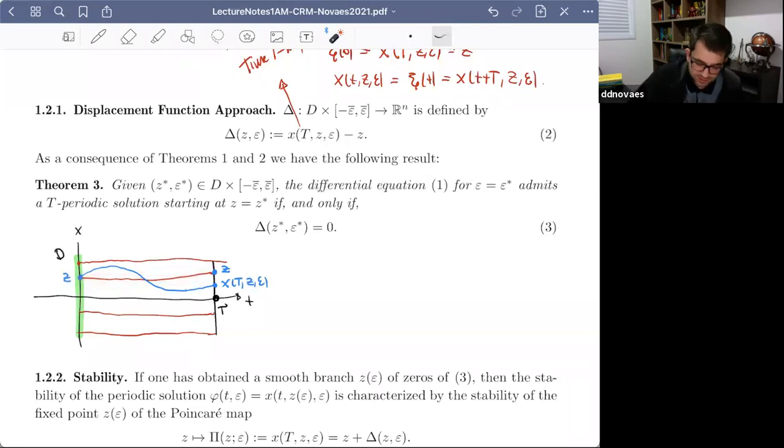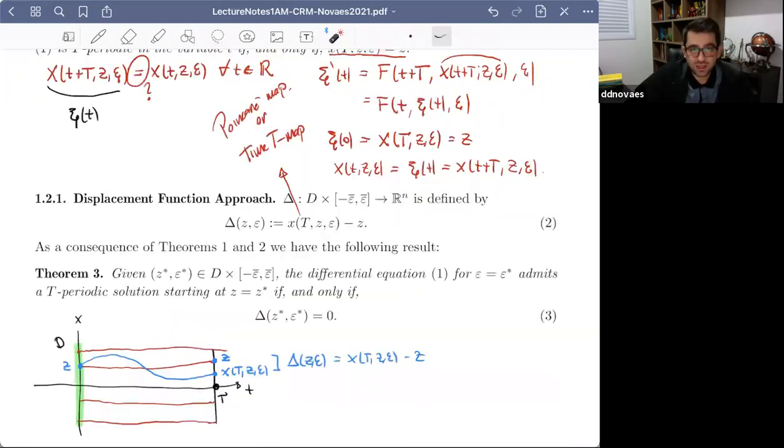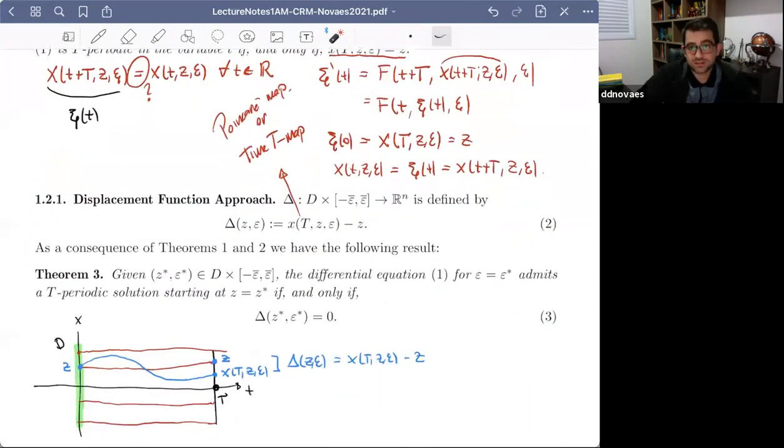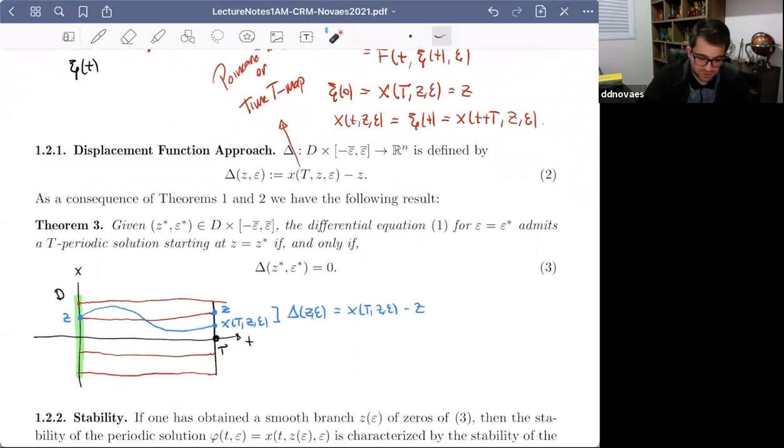The displacement function is the difference between these two positions, x(T, z, epsilon) minus z. So when I have a zero of the displacement function, this solution starts at z and ends at z. And since our differential equation is periodic, by this very same argument we conclude that it corresponds to a periodic solution of our differential equation.